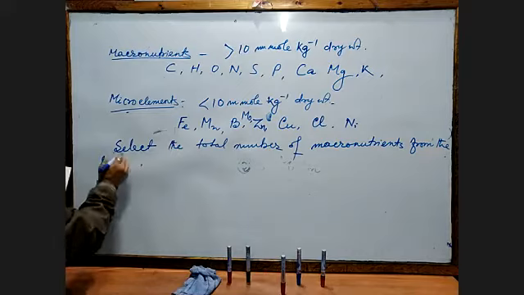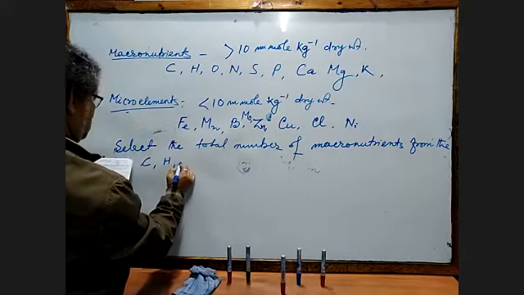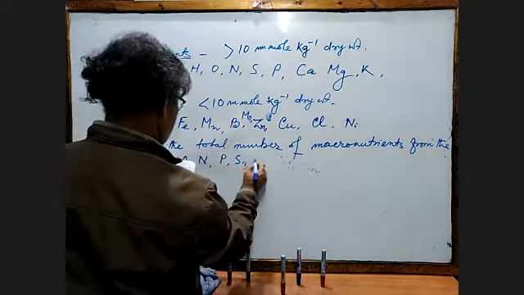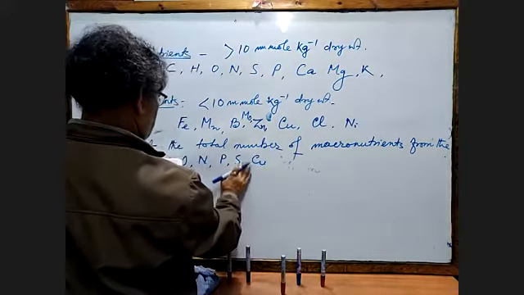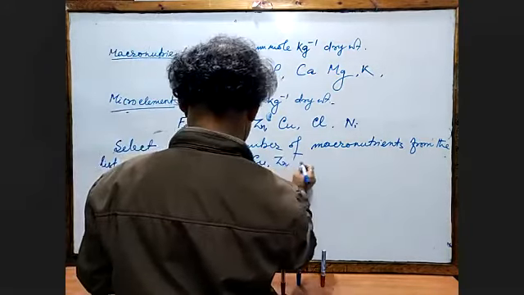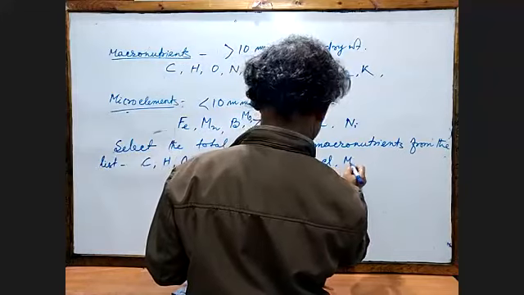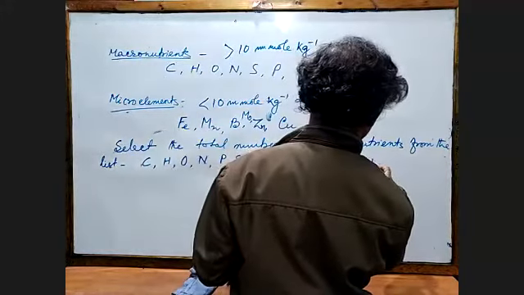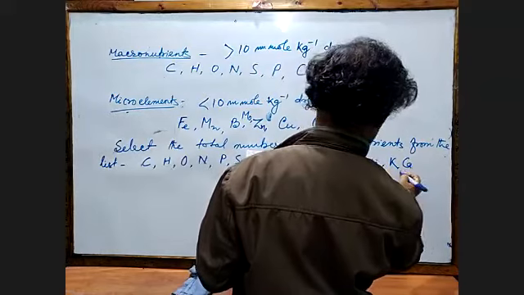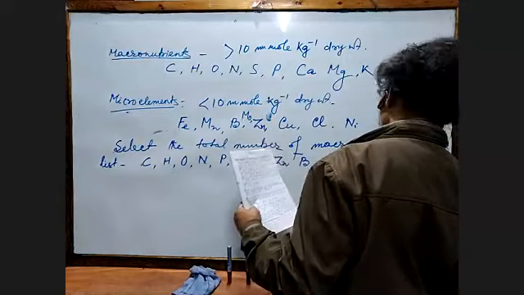The list given is carbon, hydrogen, oxygen, nitrogen, phosphorus, sulfur, copper, zinc, boron, chlorine, manganese, nickel, potassium, calcium, magnesium, molybdenum.